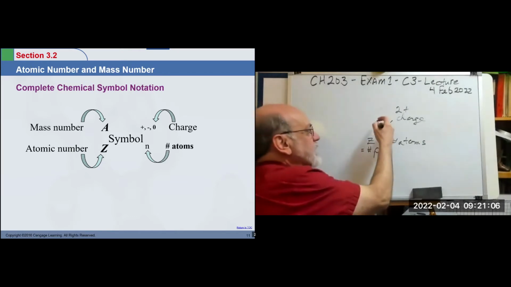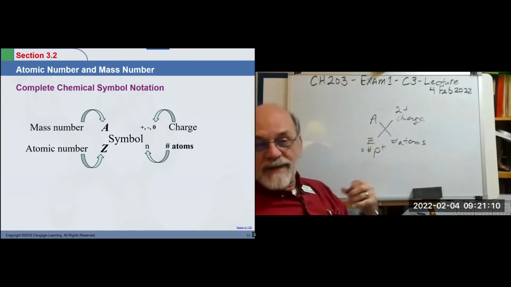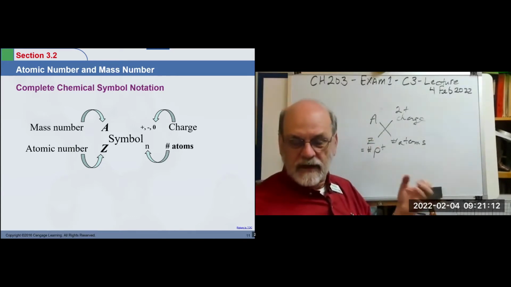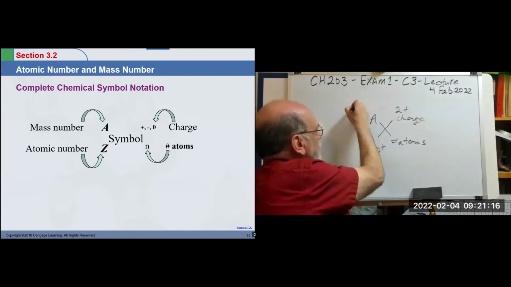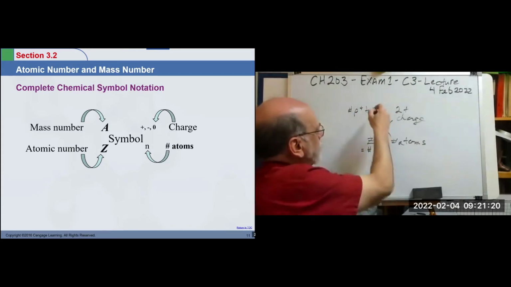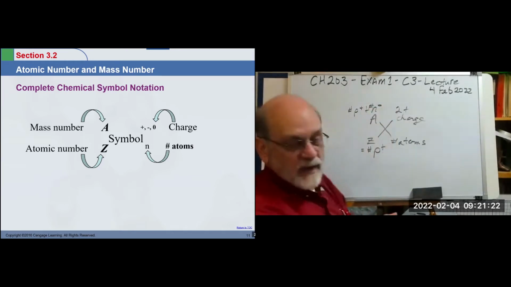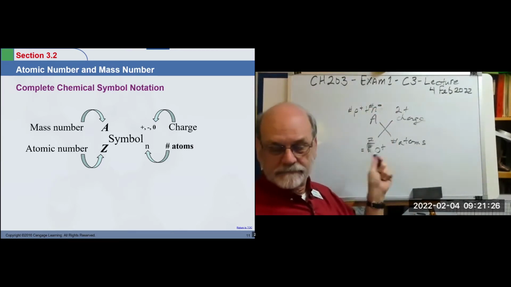Okay, and up here, this space is reserved for the mass number. And the mass number is the summation of the number of neutrons plus the number of protons for that atom.